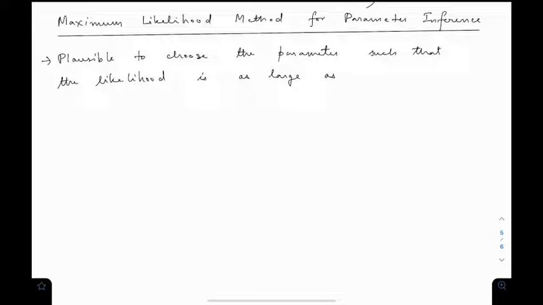And this is basically the maximum likelihood estimate, or MLE for short.